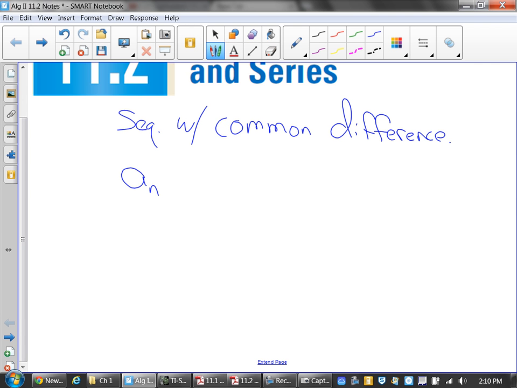That value n stands for some number within the sequence, whether it's the 3rd, the 50th, the 816th term. It follows this rule: the first term in the sequence plus n minus 1 times the common difference. And we reuse that equation in every single example throughout today and probably most of tomorrow.